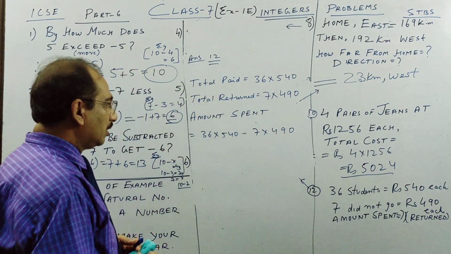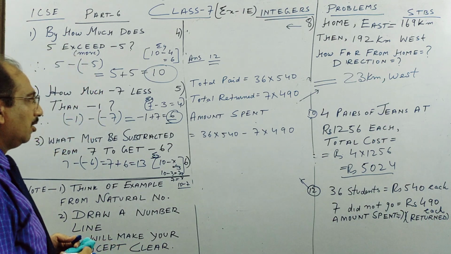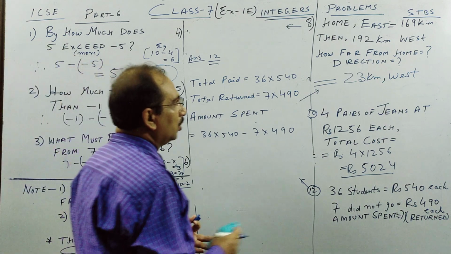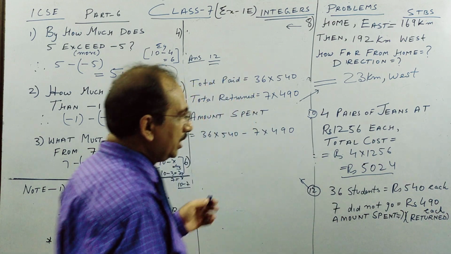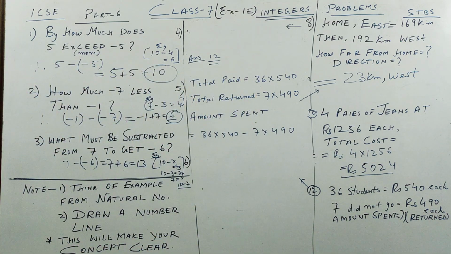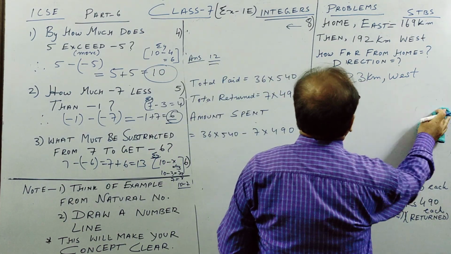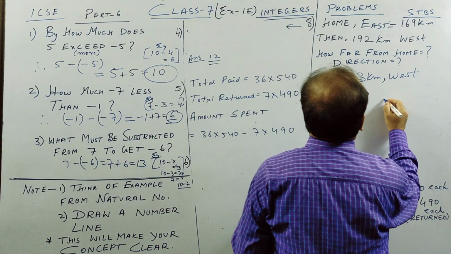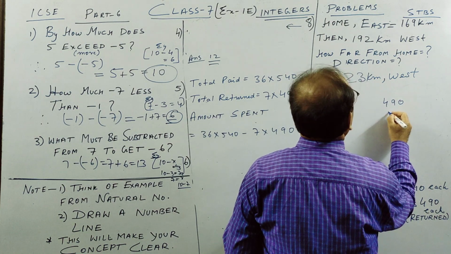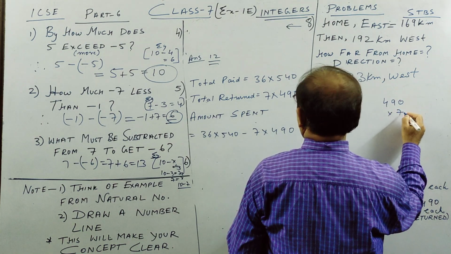So here some multiplication is there which we have to do. So I am rubbing this side. So please pause the video and rub the question number 10 also, because that space I am going to use to show you how we multiply and we subtract. See, first we multiply, this is easier: 490 into 7.